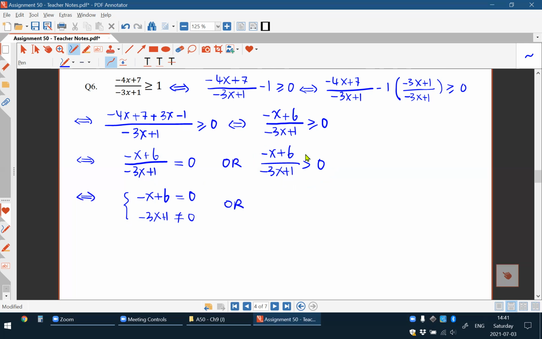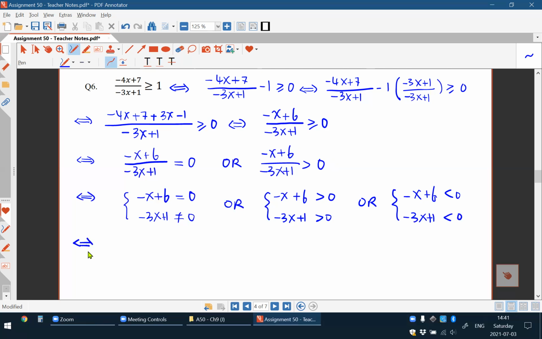Or if you have a ratio that is above 0, that means the signs in front of the 2 numbers are the same, right? So we can either have a positive numerator and at the same time a positive denominator, or a negative numerator and at the same time a negative denominator as well.